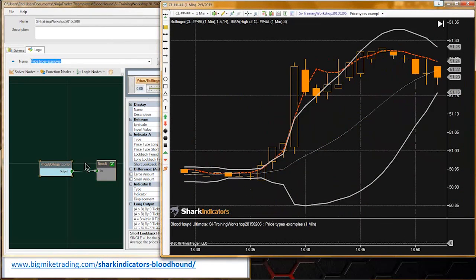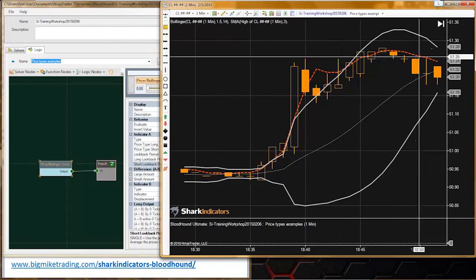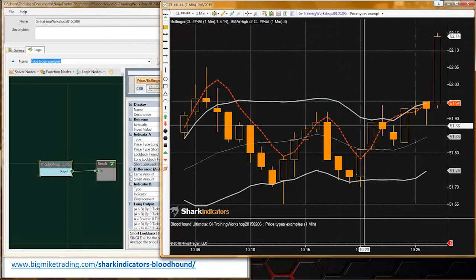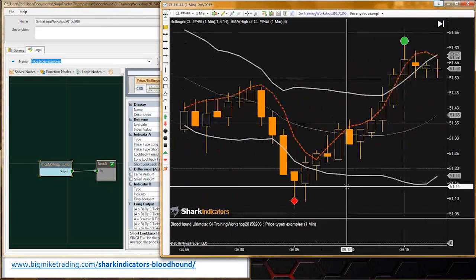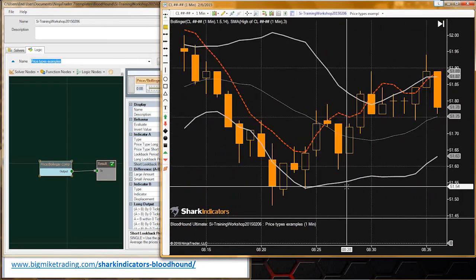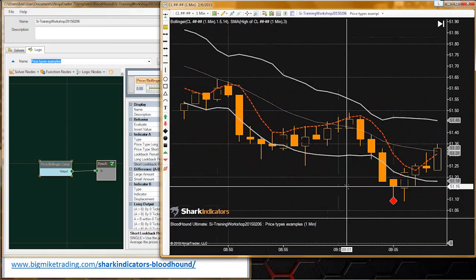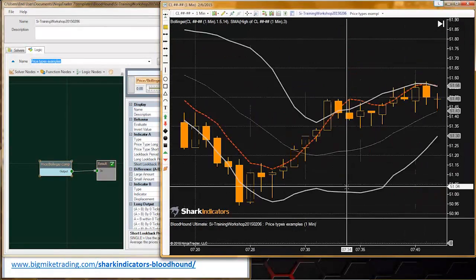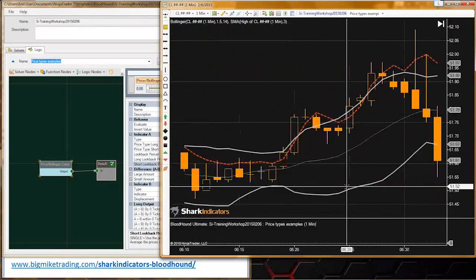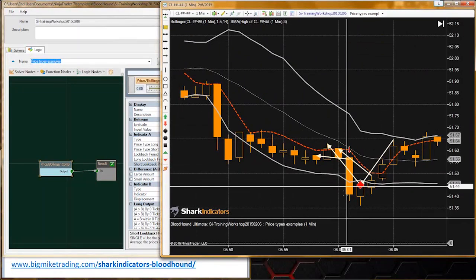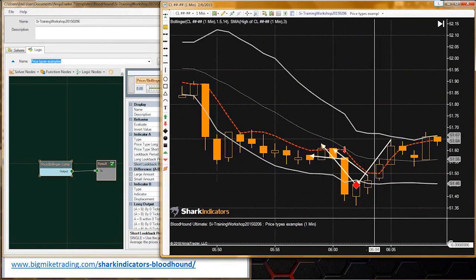Alright, well, I created a situation where that just never happens. Okay, so here's the area I was working in.